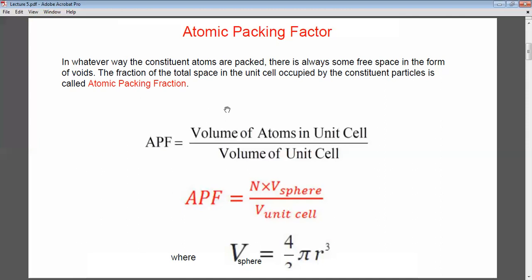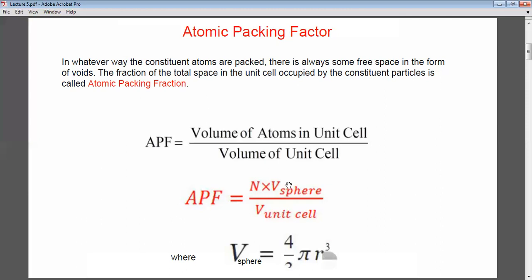Just imagine it again, you bring a box and you want to put spheres inside the box, okay? In whichever way you pack the spheres inside the box, there will always be some free space. And this is why we introduced this atomic packing factor, to say it is the volume of the atoms inside the box divided by the volume of the box.